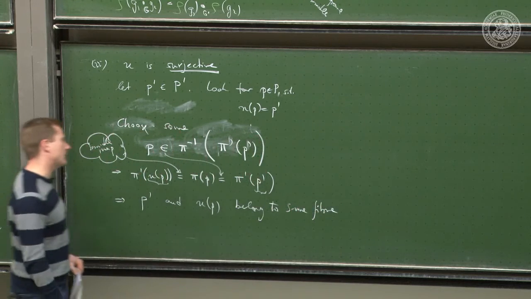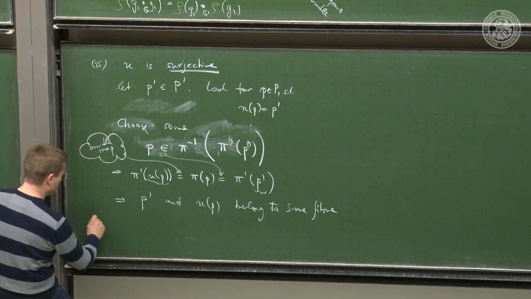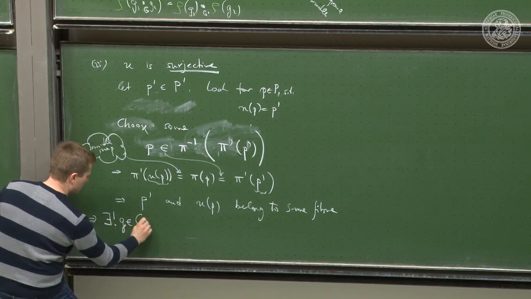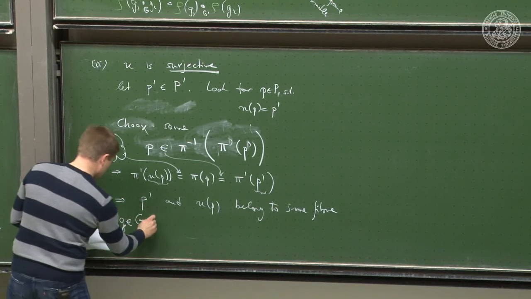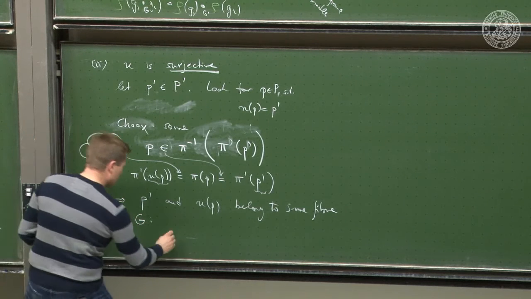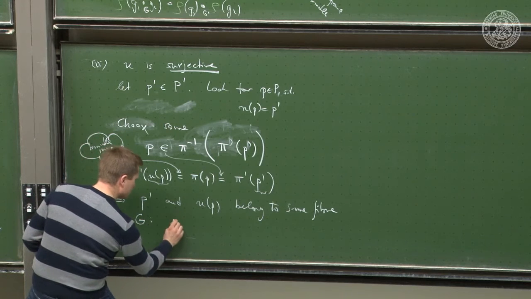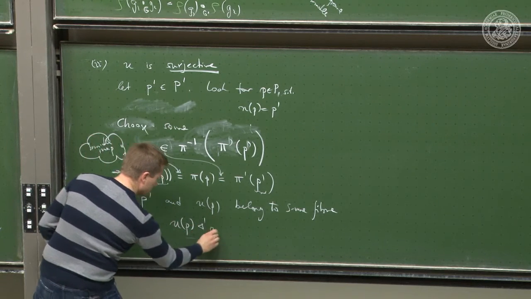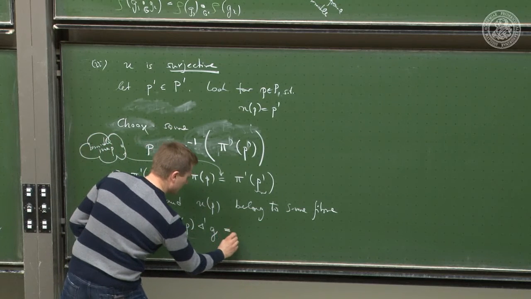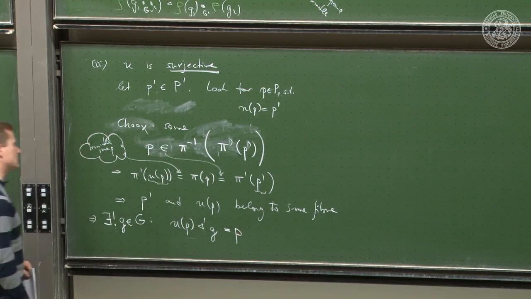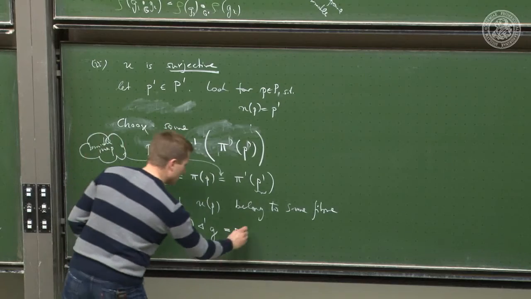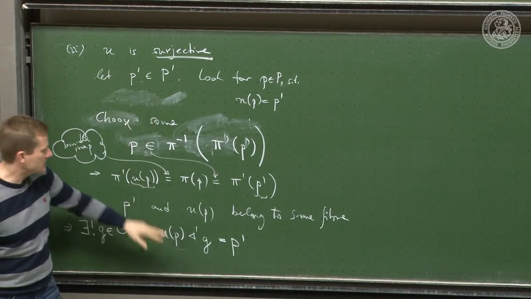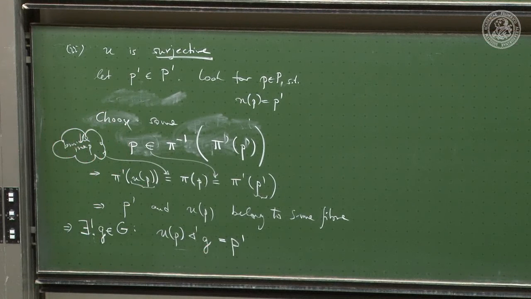They belong to the same fiber. But if they belong to the same fiber, that means, exactly as before, there exists a unique group element G that takes one into the other. Well, it doesn't really matter which one into which one, but that takes u of p by some action of, say, the primed action, there is a unique G that maps this to the p prime, the arbitrary point in the target I had chosen.